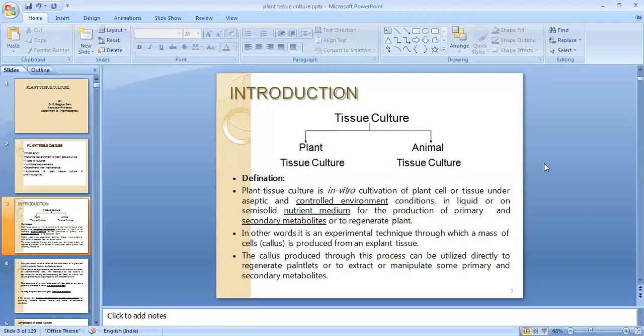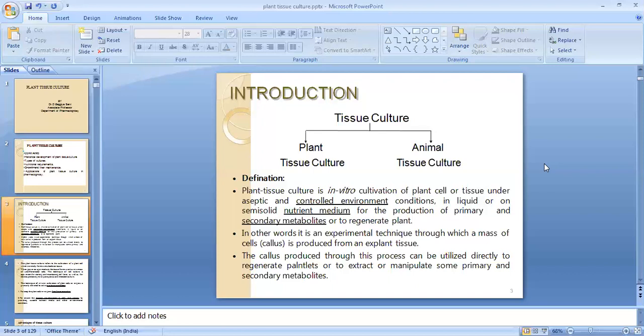Thereby you are going to achieve the regeneration of the intact whole plant, or you are going to produce the primary or secondary metabolites which are produced by that particular plant. Okay, that means you are growing the cell or a tissue in a controlled system in the aseptic area by providing all the conditions like temperature, nutrient and everything, and you're regenerating it into an intact whole plant, as well as producing the active ingredients produced by them.